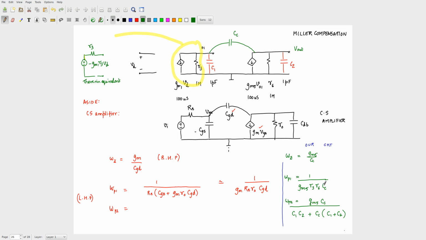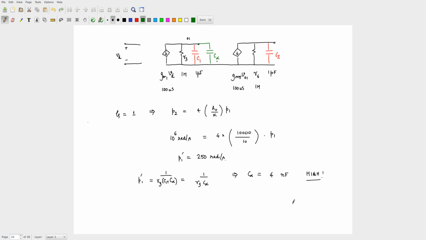The important thing is, by putting a CC here, what happens to P1? Omega P1 has shifted to the left, omega P2 has moved to the right. So you will see an advantage. In the previous case, when you put just a C alpha here, you are not troubling P2, you are only making P1 come to the left. And so there are two reasons why you need a very high value of C alpha.